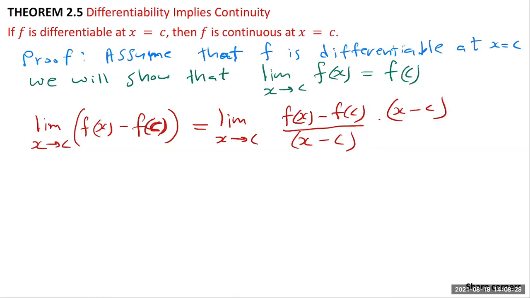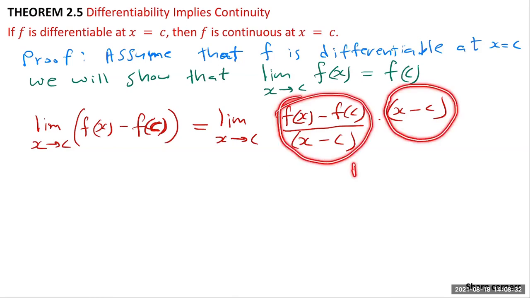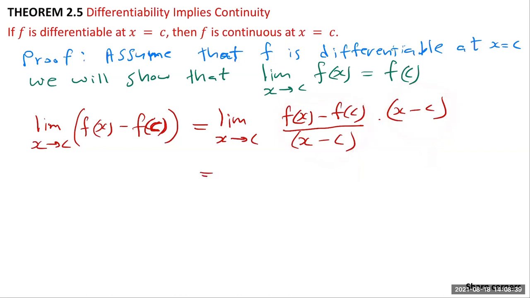Now I can view these as two functions. This is the first function, this is the second function. Now I can take the limit of these two functions individually by the limit rules that we learned in section 1.6, chapter 1.